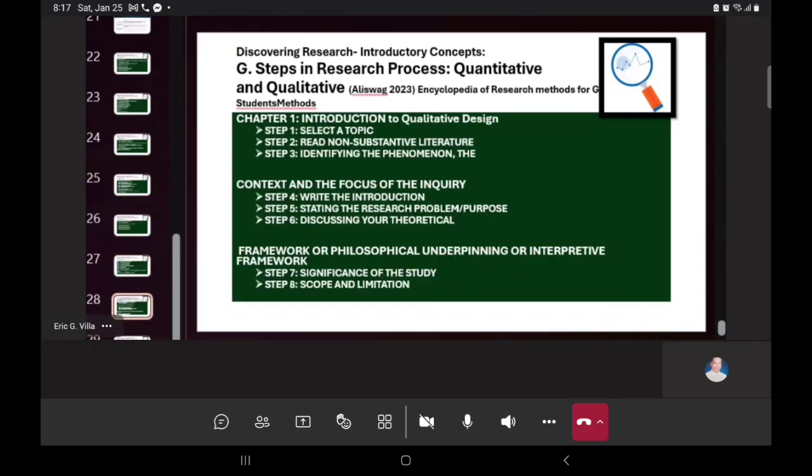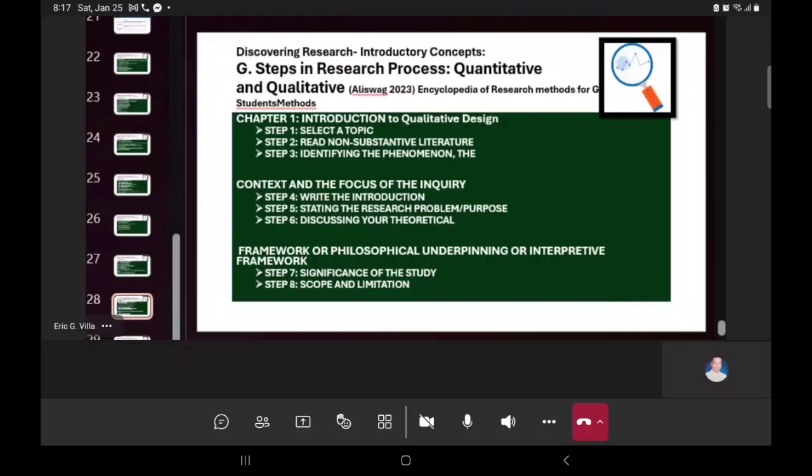And now for the qualitative research design steps. Initial steps, research foundation, for steps 1 to 3. The research process begins with three fundamental steps that establish the research direction. Topic selection serves as the entry point, requiring careful consideration of research interest and feasibility.